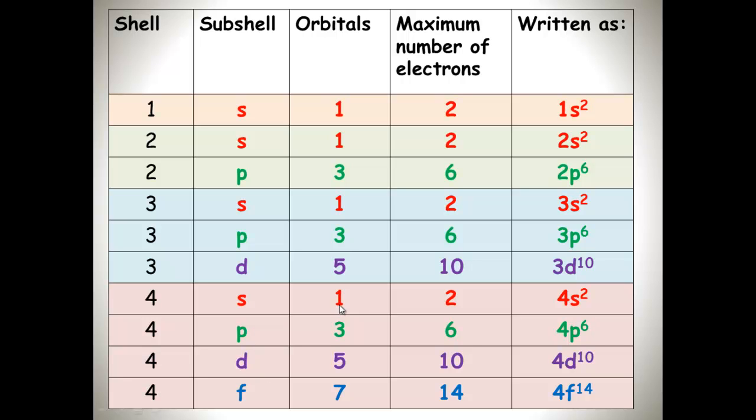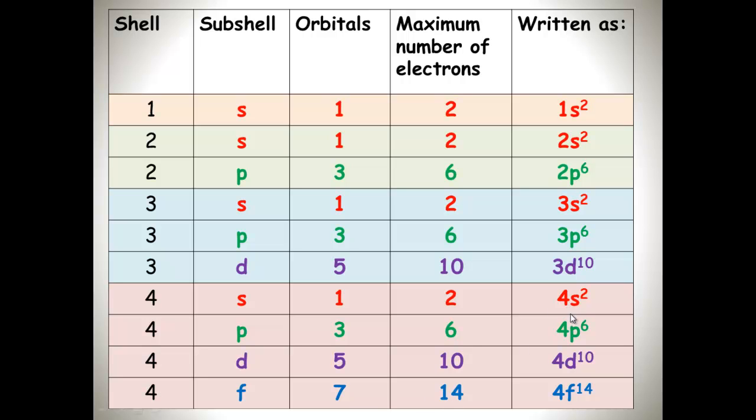The s subshell has 1 orbital, the p subshell has 3 orbitals, the d subshell has 5 orbitals, the f subshell has 7 orbitals. Each of these orbitals can contain 2 electrons. 1 times 2 is 2, 3 times 2 is 6, 5 times 2 is 10, 7 times 2 is 14.